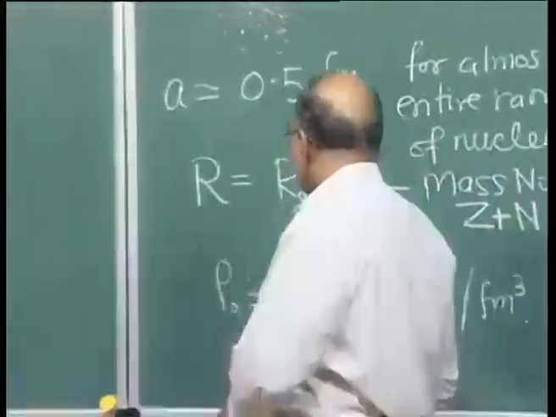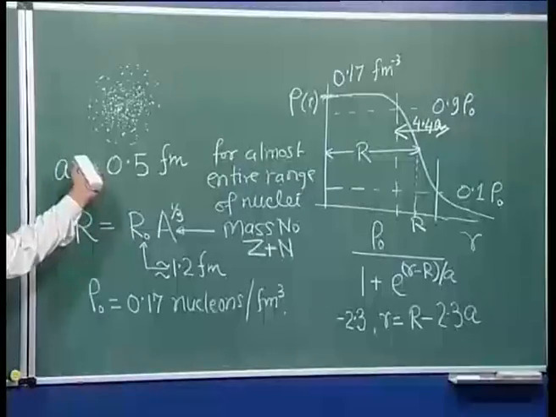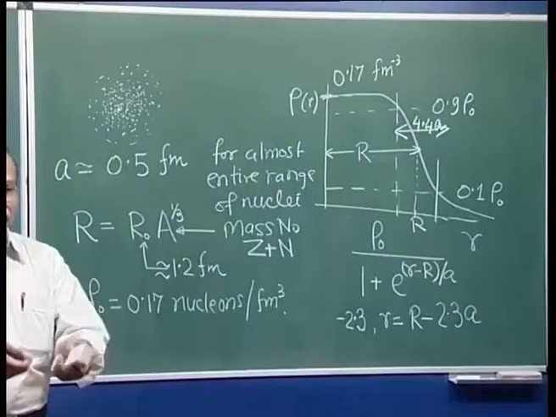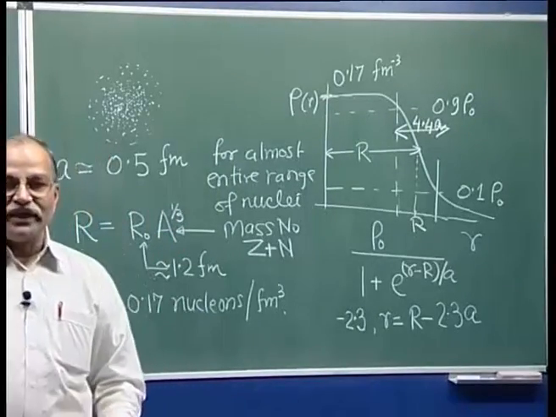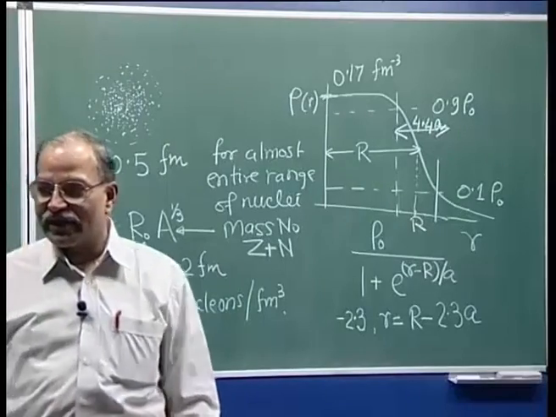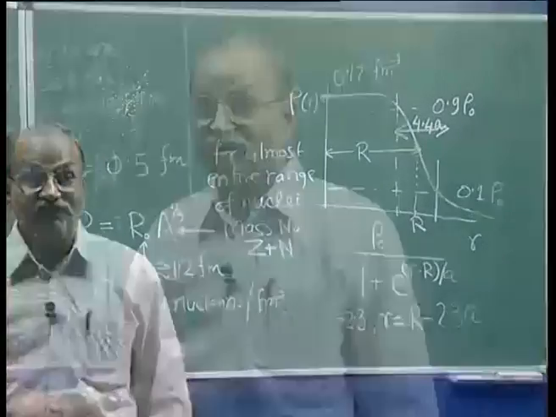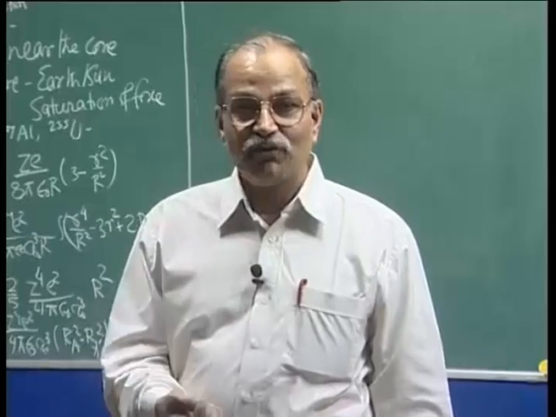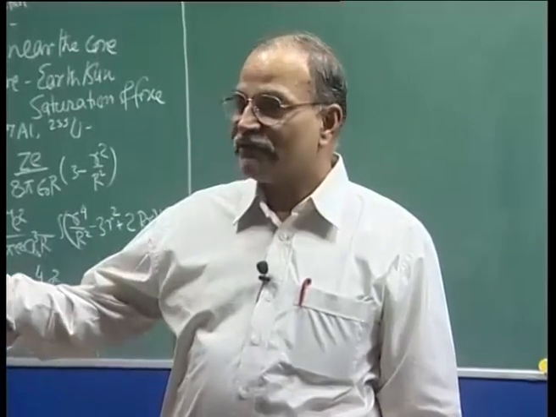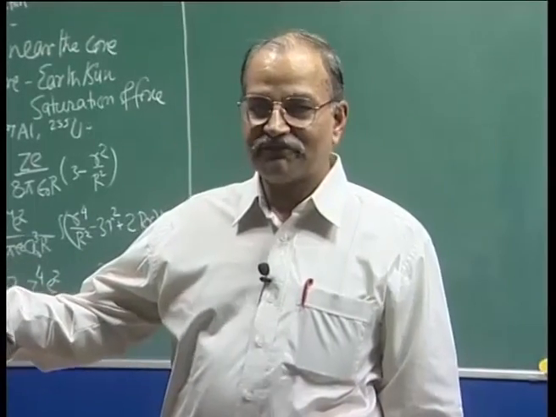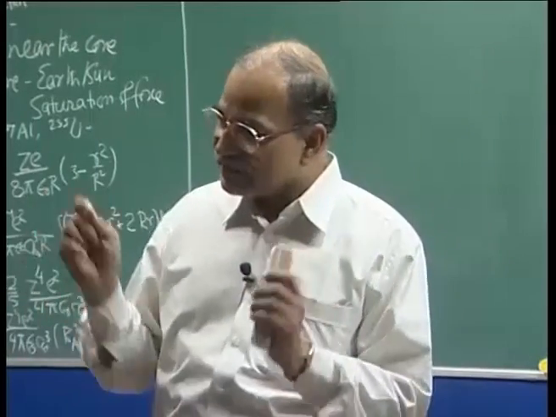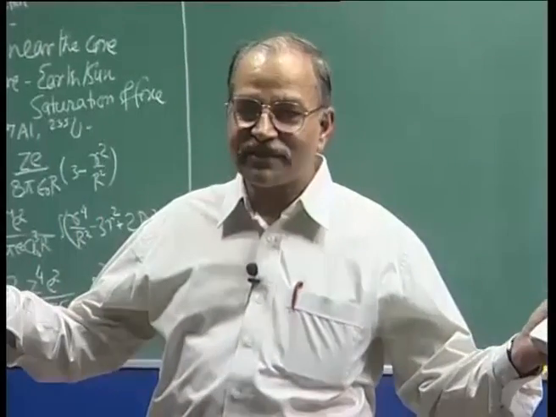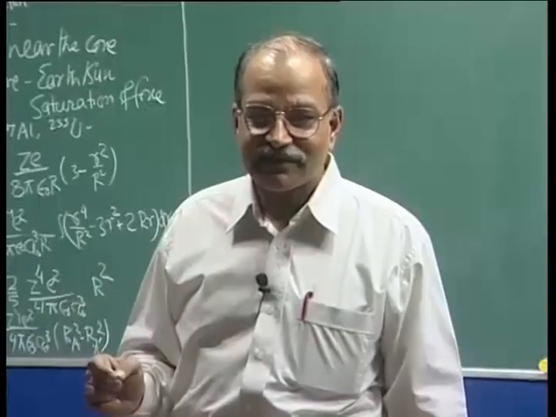All these nuclei, from very light to very heavy, the nuclear size does not vary much. The nuclear size is from say 2 femtometers to 7.5 femtometers. The whole range of nuclei that is available has this kind of radius.